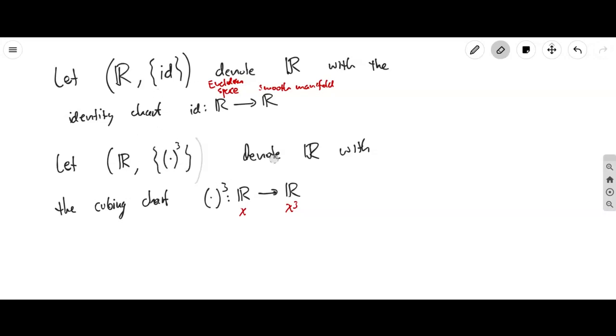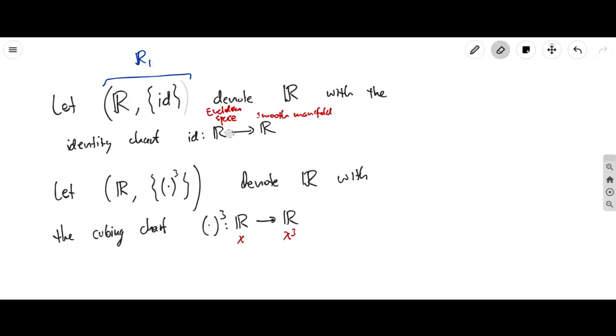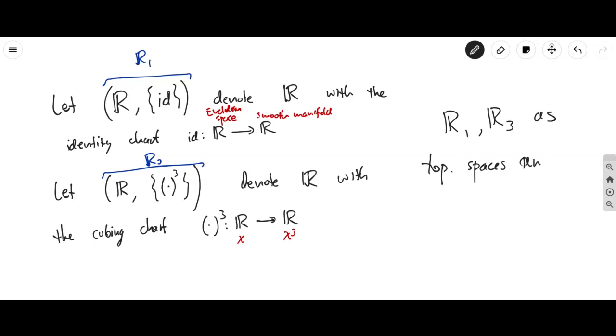So we have two versions of R. Let's maybe call this R1, because this is sort of like the identity map. And maybe we'll call this one R3 because this is the cubing map. So as topological spaces, R1 and R3 are the same.